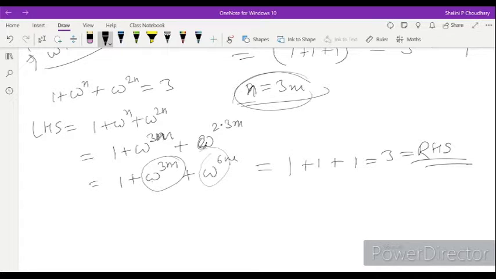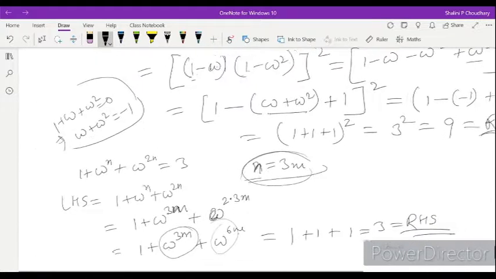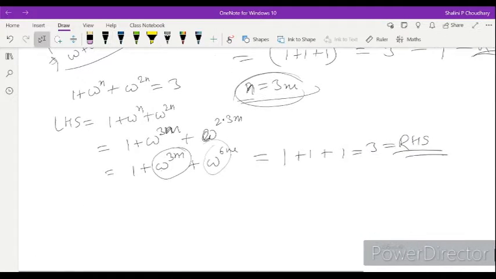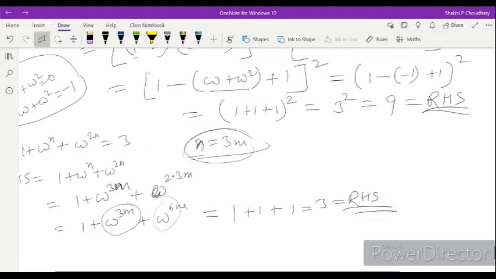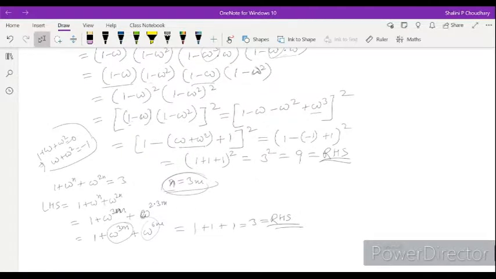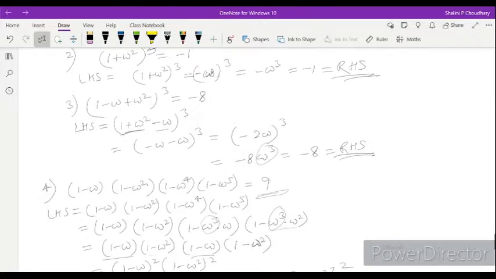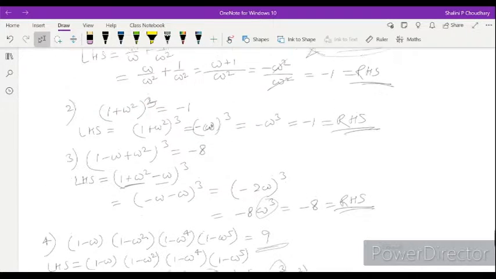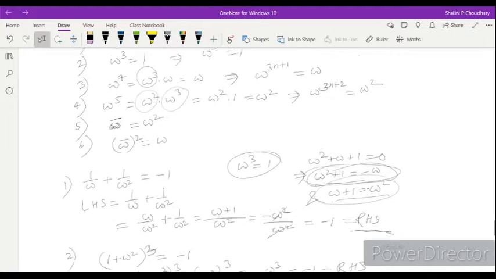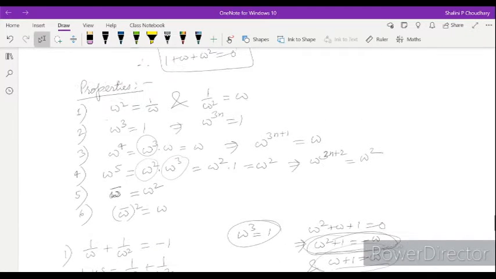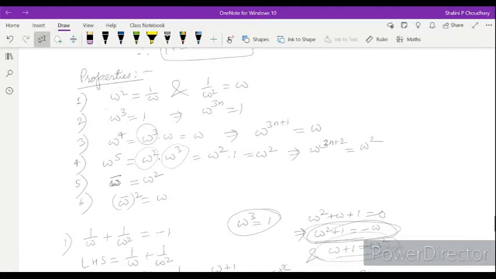Now we'll see some more questions in the next video. I hope you understood the concept and properties of cube root of unity and how to find the cube roots of unity. Also remember 1 plus omega plus omega square is equal to 0, and 1, omega and omega square, all three are the cube roots of unity.